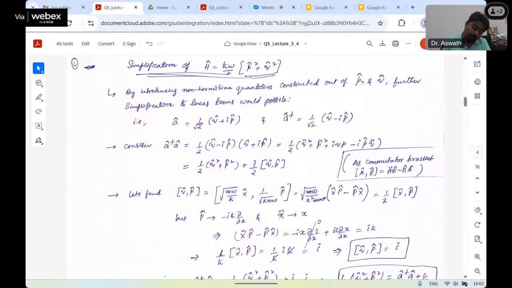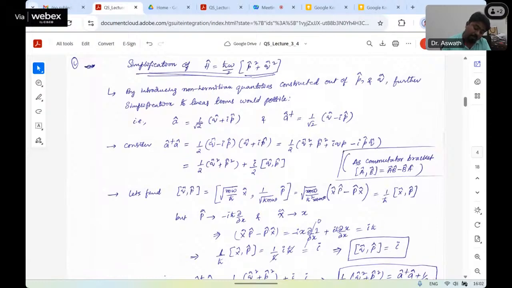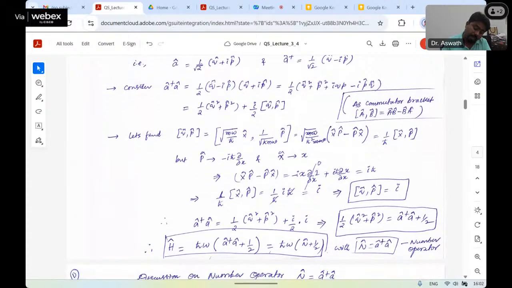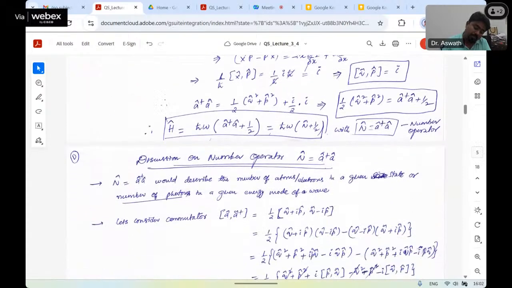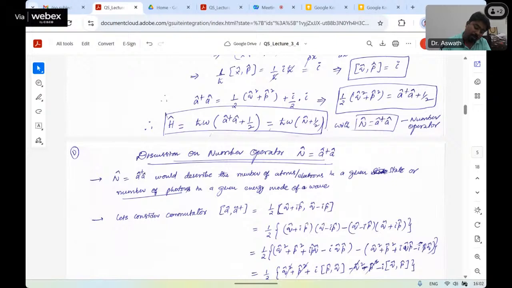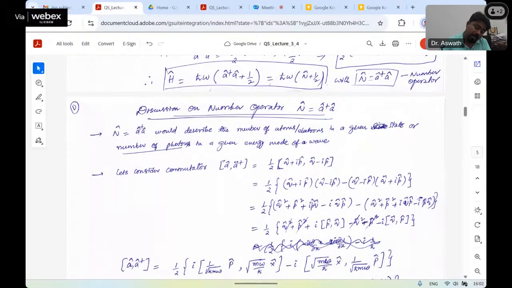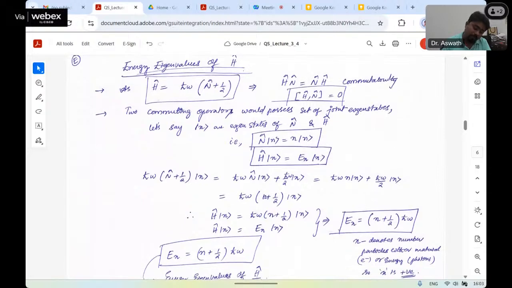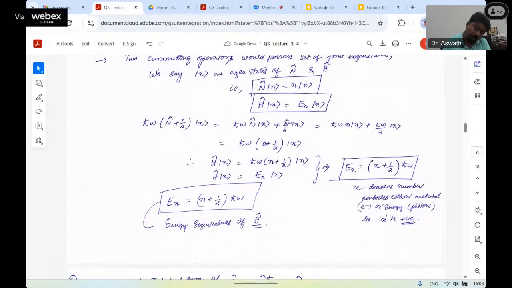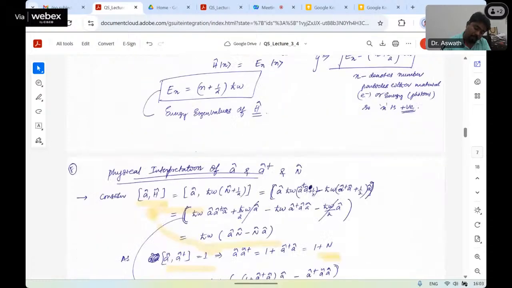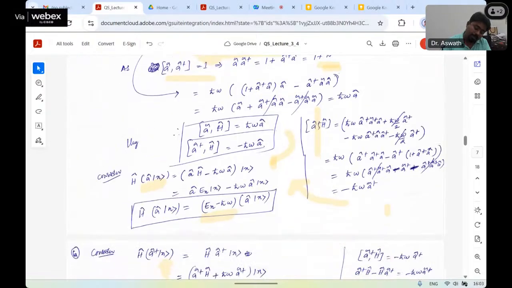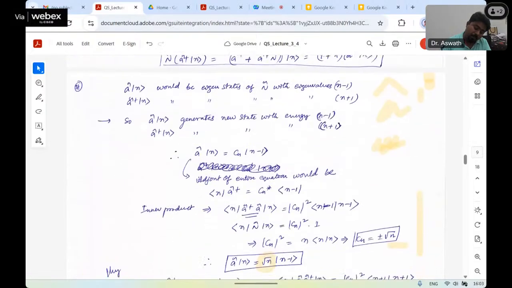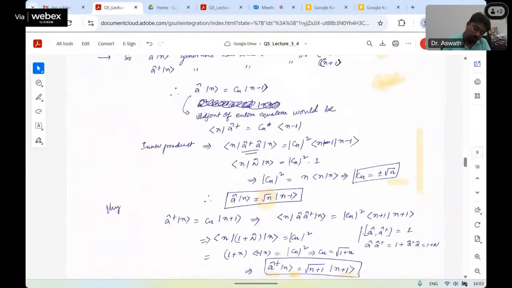I am not satisfied. I want to go much simpler. So I introduce non-Hermitian operators a and a dagger. By doing it, the Hamiltonian becomes a simple number operator, a dagger a plus half, multiplied by ħω. With that, I can easily find the eigenstates and eigenvalues of the Hamiltonian. The eigenvalues are just ħω multiplied by (n plus half), and the eigenstates are just the number states, |0⟩, |1⟩ and so on.